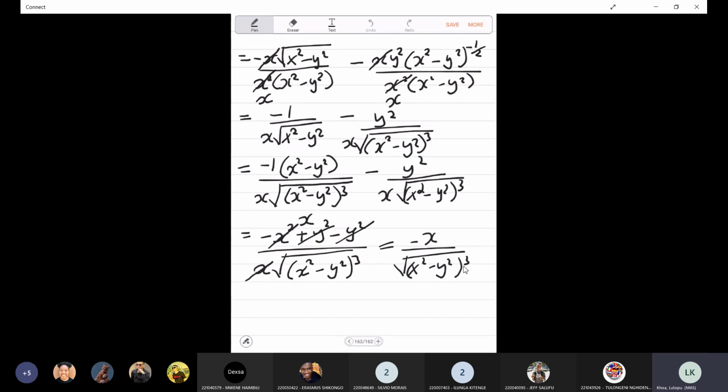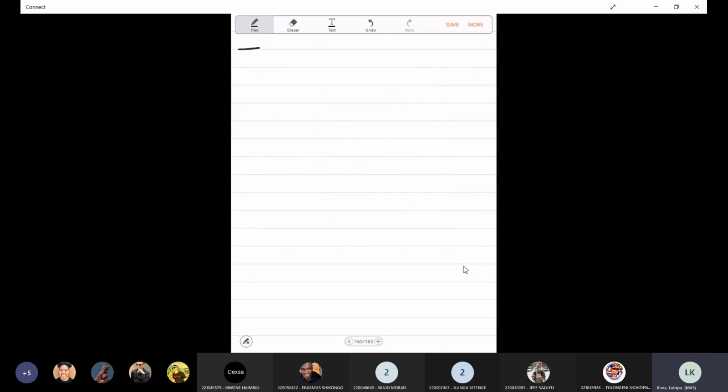Great. Then the next thing we look at is total derivatives, or as it's said in your book, the change of variables. So these are the total derivatives.